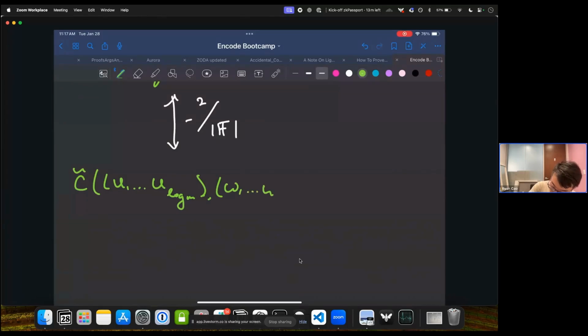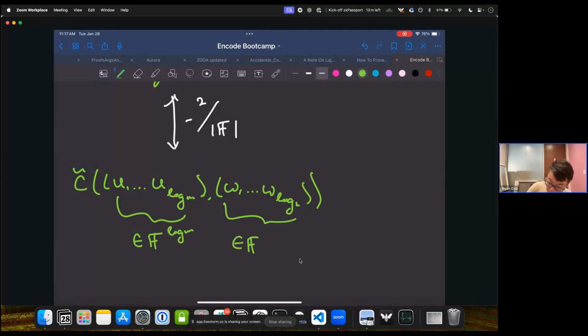through W log K, is it true that this equals... So what we're doing here is plugging in random field elements, so they're no longer binary, right? We're plugging in field elements in F log M, and again field elements in F log K. If we plug in random field elements, effectively we're taking a random linear combination of the whole matrix here.